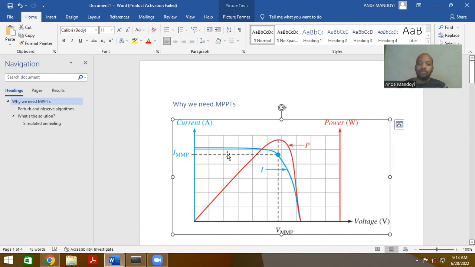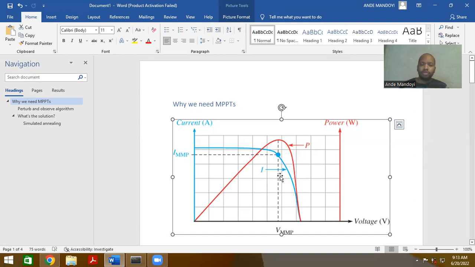So let's assume that you've got whatever load that you have and you're pulling this much current. What we notice here is that the maximum power point does not necessarily occur at the peak current point, because right over here, the current is constant and it starts decreasing slightly over here. And this is where we get the maximum power point.